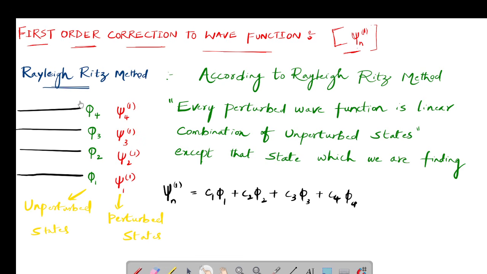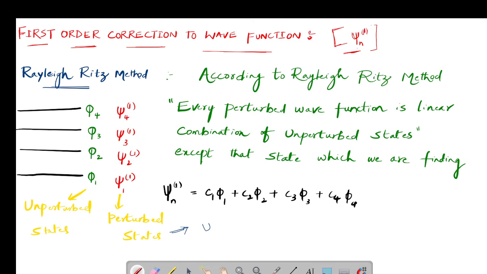So Rayleigh tried to explain these states. He considered that the unperturbed states are phi 1, phi 2, phi 3, and phi 4, and the perturbed states are psi 1 of 1, psi 2 of 1, psi 3 power 1, and psi 4 power 1. So what did he say? Every perturbed wave function is a linear combination of unperturbed states.